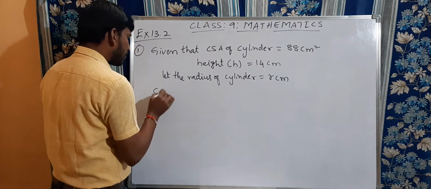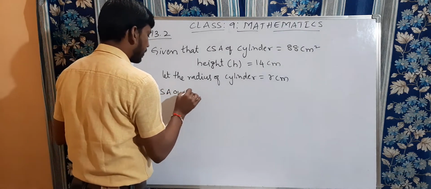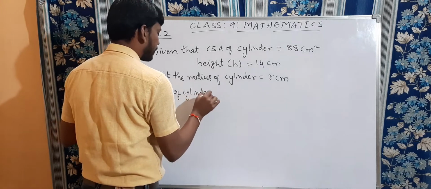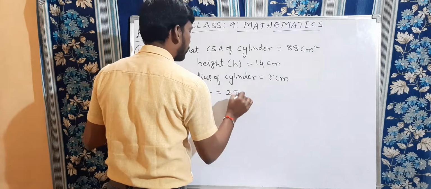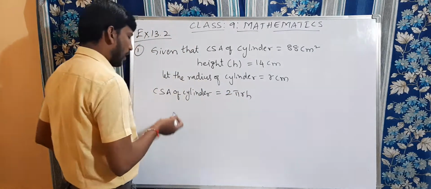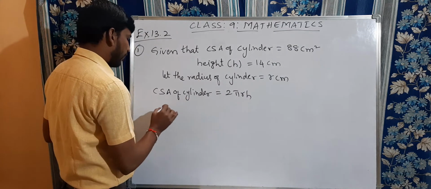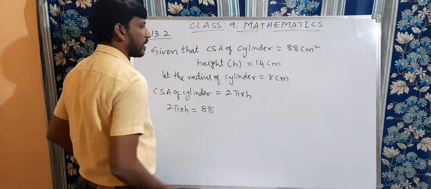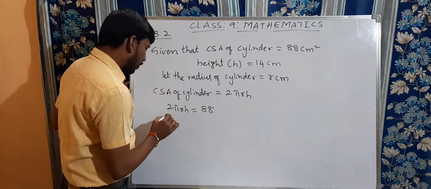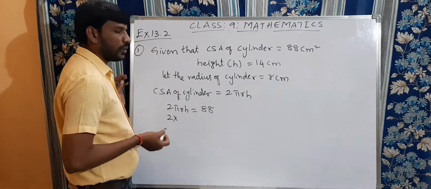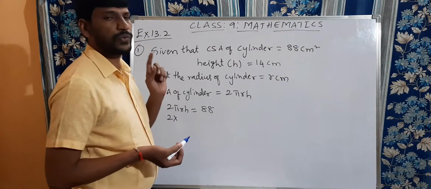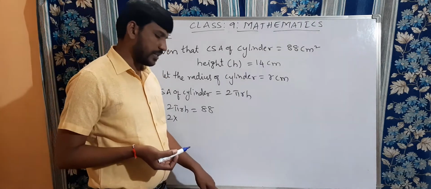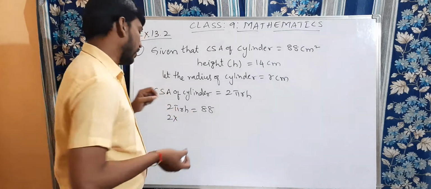Now, CSA of cylinder is equal to 2 pi r h. So 2 pi r h is equal to the given 88 centimeter square. Now, I told you in the previous class the pi value is always 22 by 7. Here they did not mention the pi value, so you can take 22 by 7.